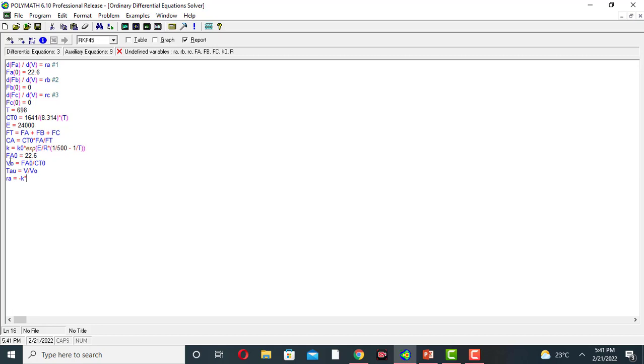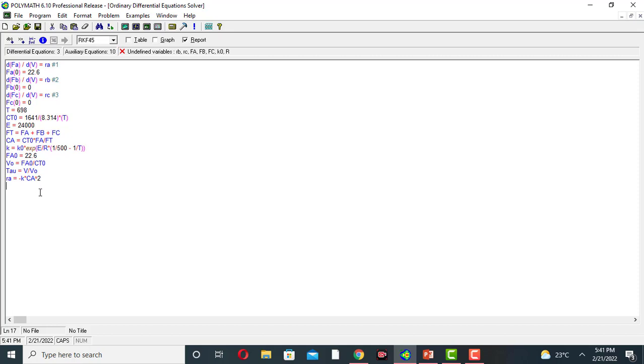So the K value is this one, multiplied by CA, which is equal to Ct naught multiplied by FA divided by FT, to the power 2.